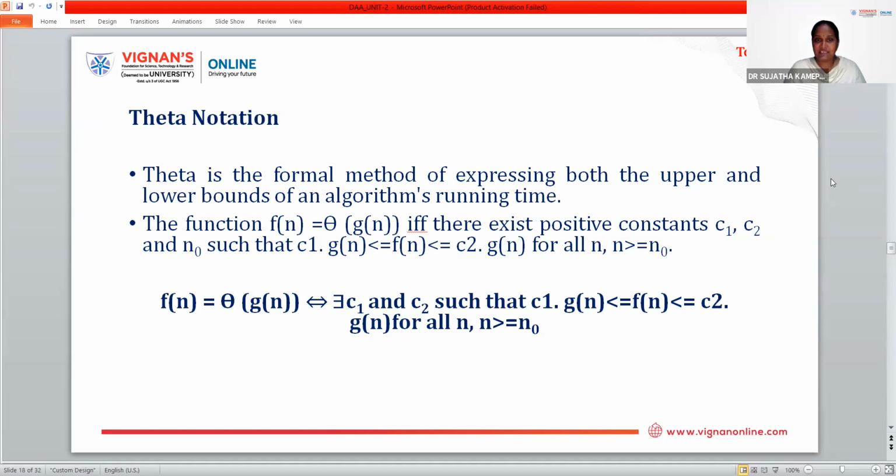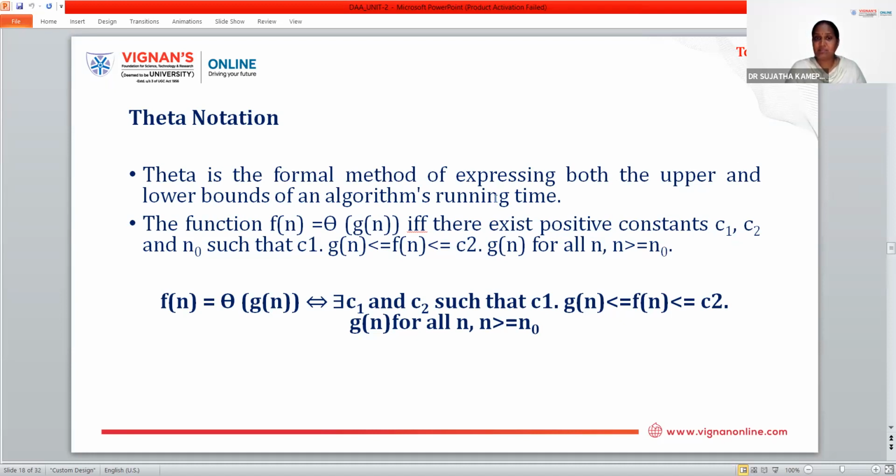Now here you can see the mathematical representation for theta notation. f of n is equal to theta of g of n if and only if there exist two positive constants c1, c2 and also n naught such that c1 into g of n less than or equal to f of n less than or equal to c2 into g of n.